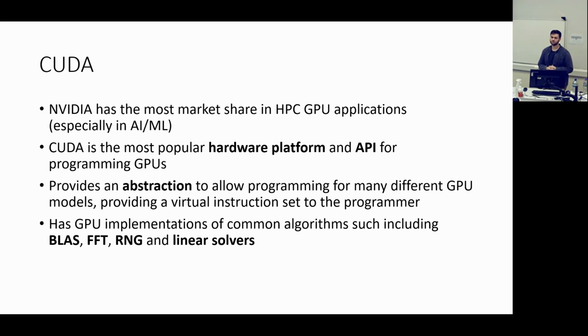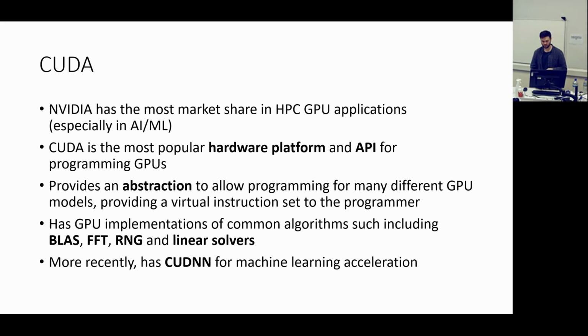Also random number generation and your typical math operations, like sine, cos, exponentials, have all been implemented in the existing CUDA library. They also have quite a few linear solvers as well. For example, if you want to solve a set of simultaneous equations using a matrix, they have solvers for that as well.